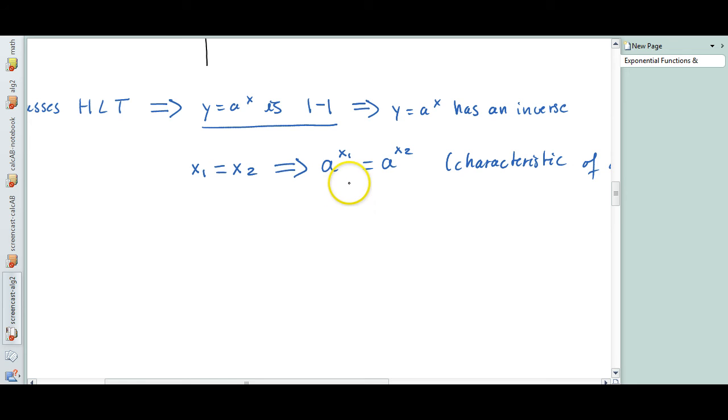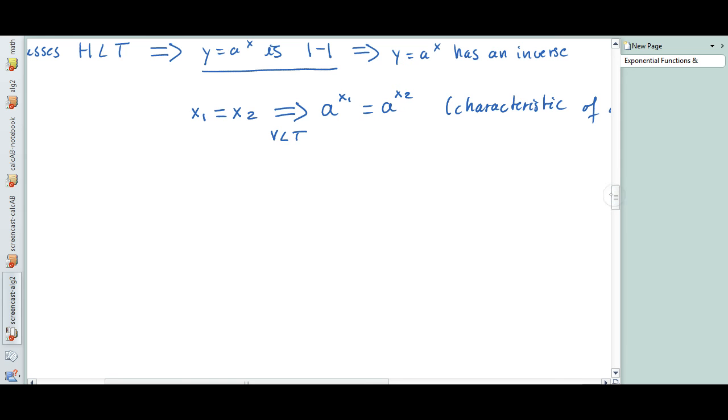It doesn't pass the vertical line test. This is about the vertical line test. Well, the horizontal line test is the other way around. If you have an equality of outputs, then it implies an equality of inputs. Now, this is a much stronger requirement. This is a one-to-one function.